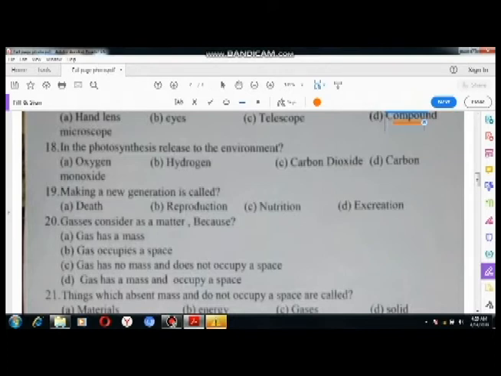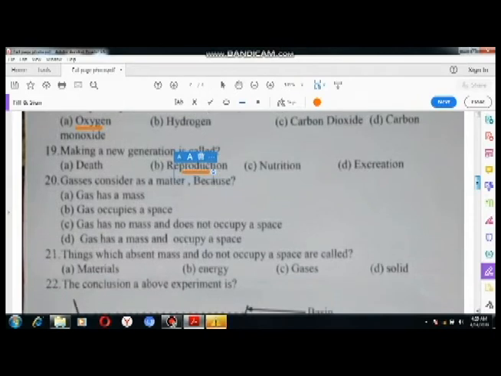Making a new generation is called reproduction. The mature living organisms producing new members of the same species is called reproduction. So answer is B.